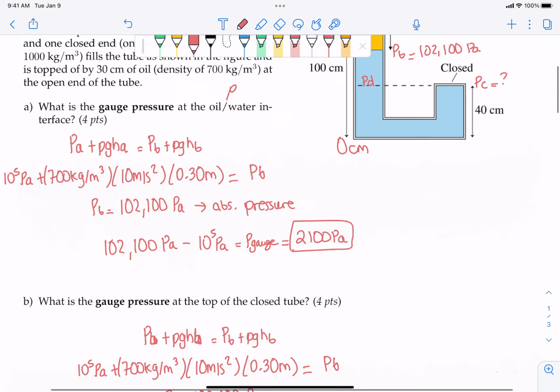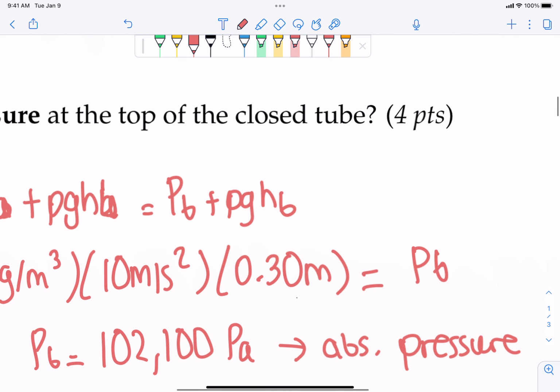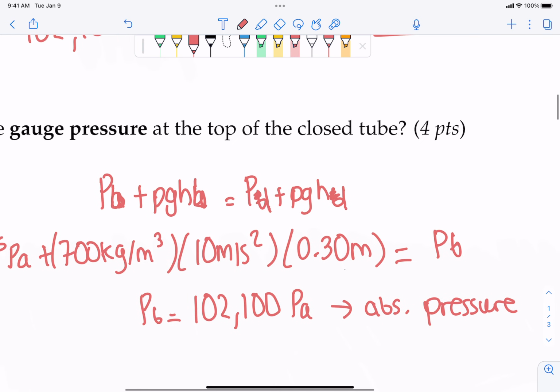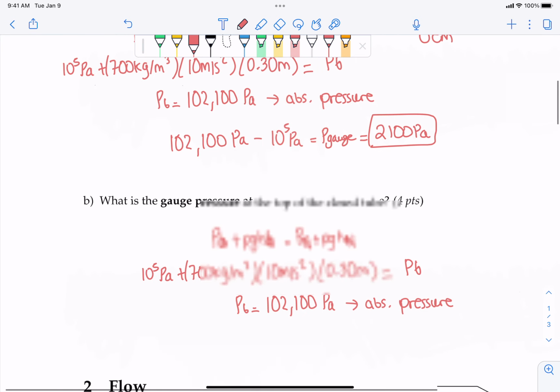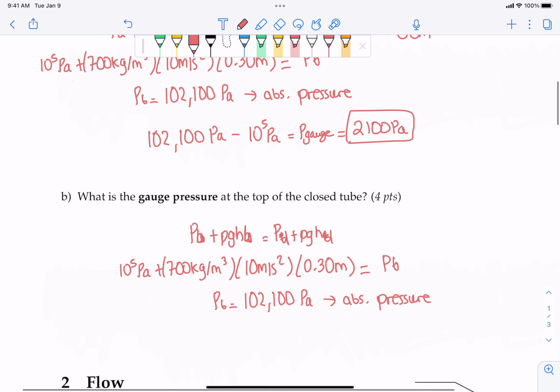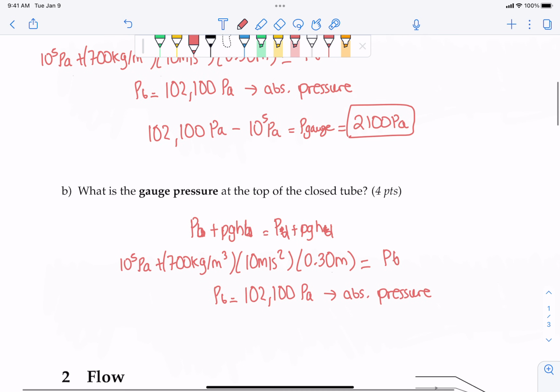And then, what do we have? PB and PD. Yeah. So, PB plus PGHB is equal to PD plus PGHD, right?